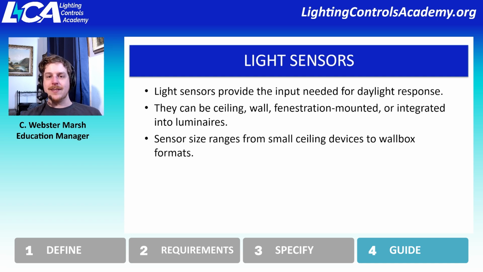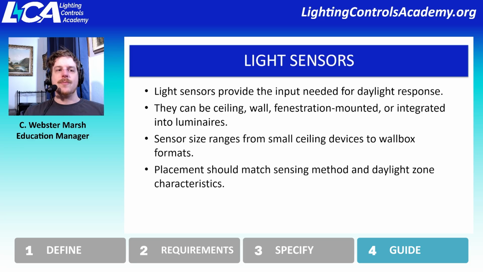Most lighting sensors do have similarities between them nowadays. But the most important thing really is how you're placing these sensors and making sure that they are being optimally utilized for their detection method.